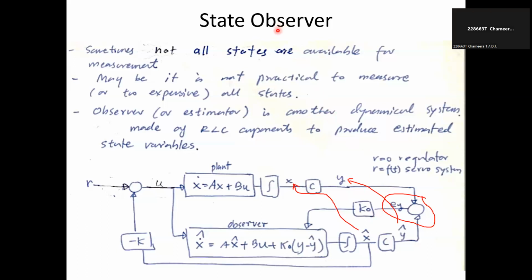Can the observer be implemented in a microcontroller, or is it always an RLC circuit? It has to be hardware, because it has to be very fast. If you implement it in a microcontroller, you have to get the hardware signals through analog to digital converters into the microcontroller, and then apply your software.